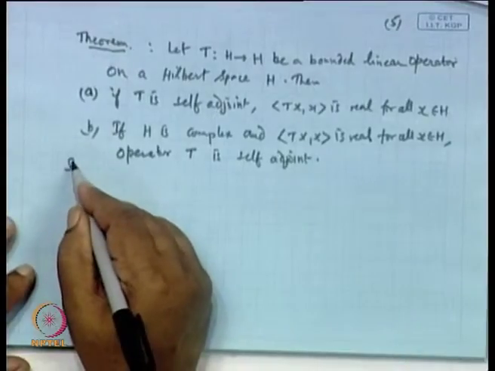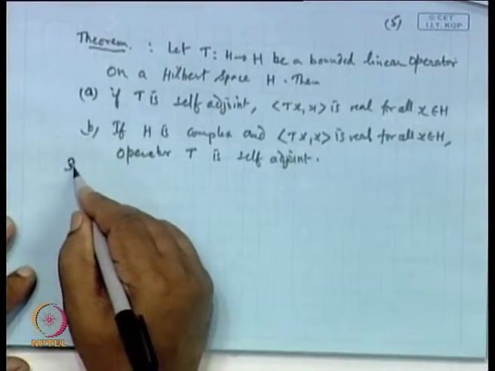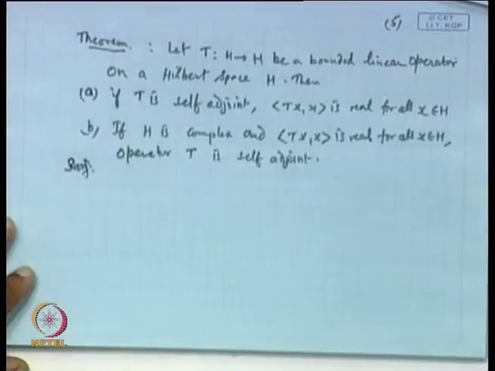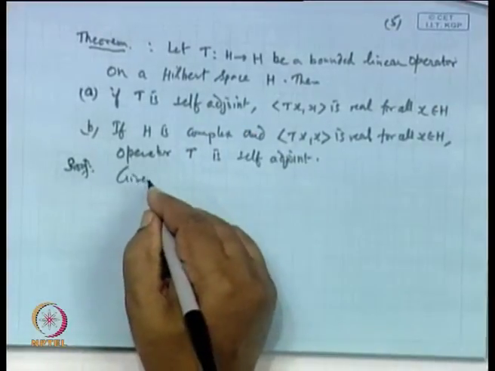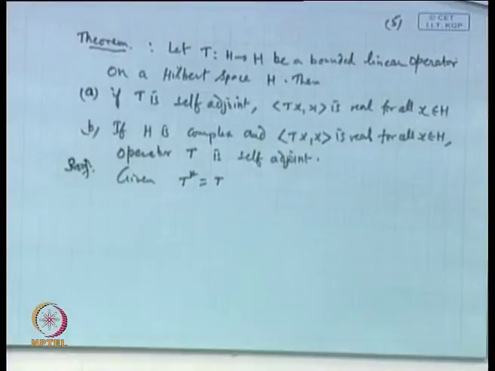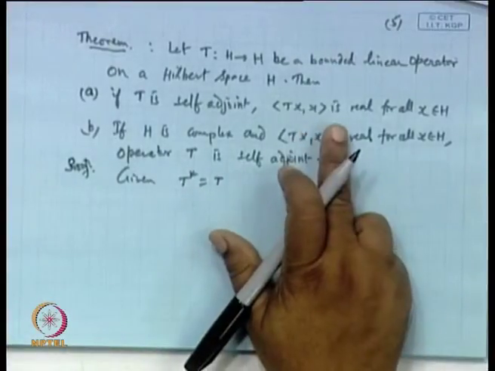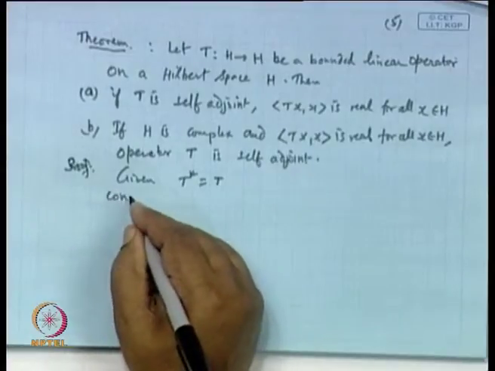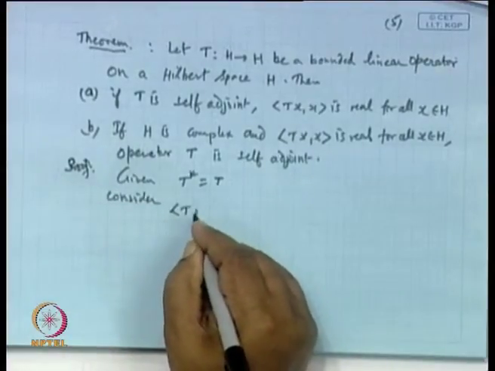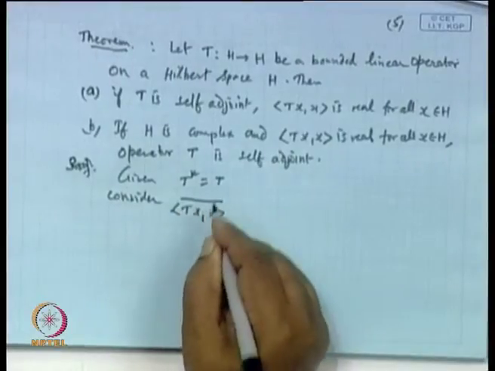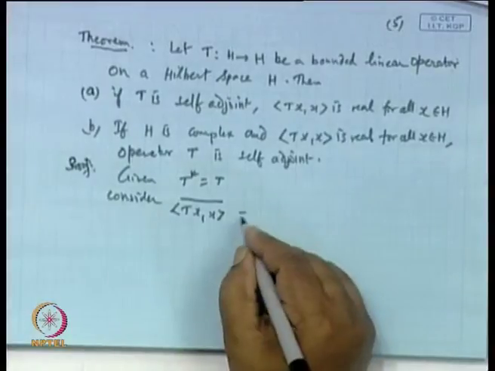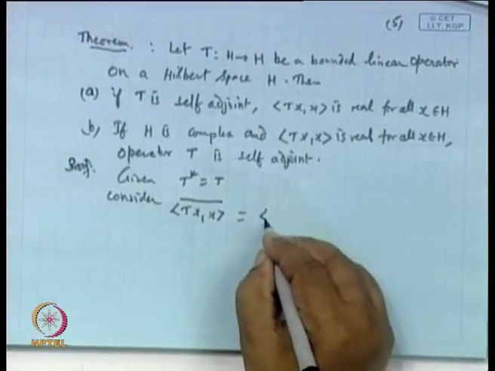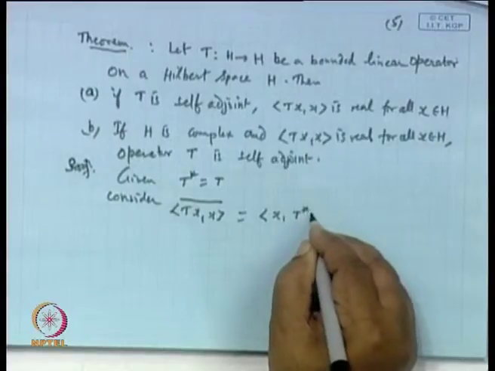Solution of proof. What is given is T is a bounded linear operator and T is self-adjoint. So given T star is equal to T. We want this to be real. So consider the conjugate of the inner product Tx, x. If I prove the conjugate of this is the inner product itself, then it will be real. Now this is equal to the inner product x, T star x conjugate.